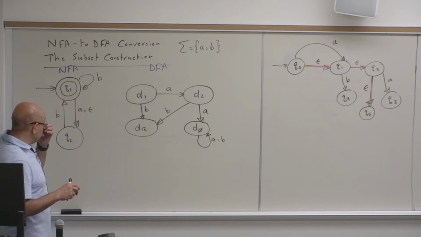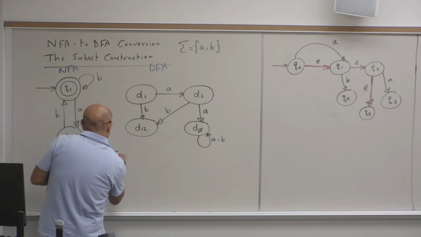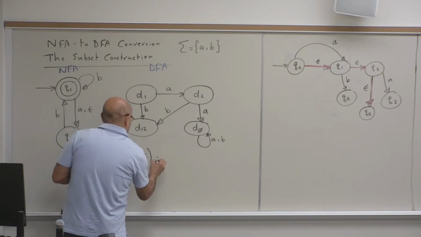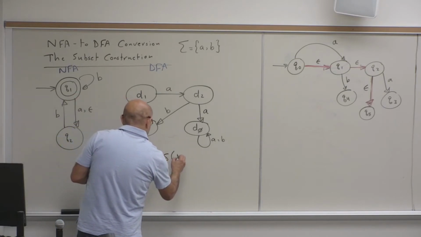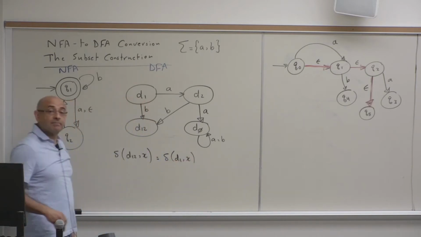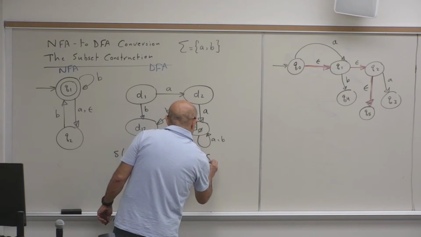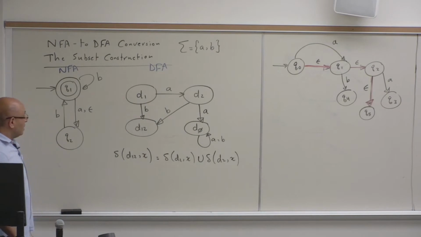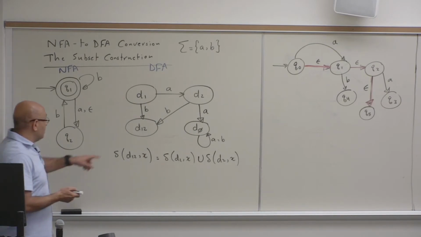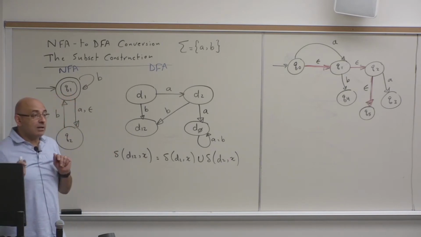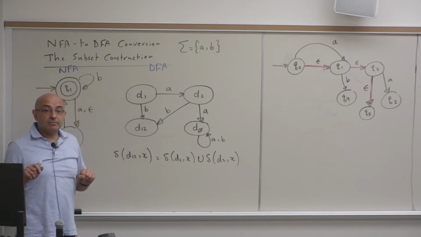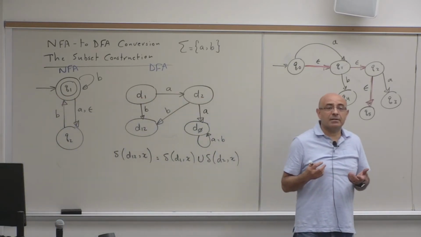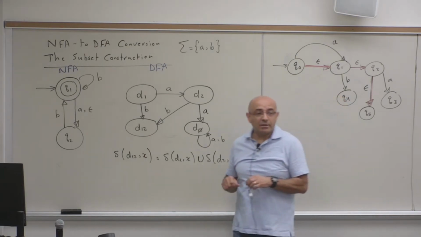So in fact, what makes sense for the transitions of delta of D12 and a symbol X is going to be equal to delta of D1 on symbol X union delta of D2 on symbol X. So basically, in order to figure out the transitions for D12, look at the transitions for D1, transitions for D2, and take the union. Does the union make sense here? Why does the union make sense? So we need the rationale. You know, why are we doing the union?